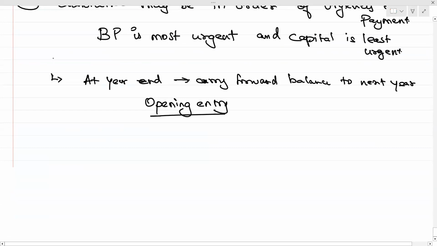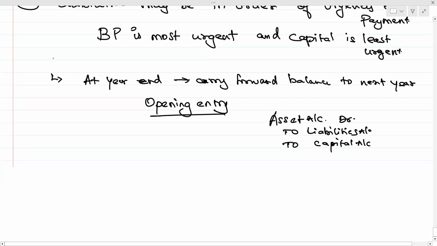What is the opening entry you will pass? All the assets we will debit. We will credit the liabilities, including capital. Capital is the owner's liability. The remaining liabilities are outsiders' liabilities.